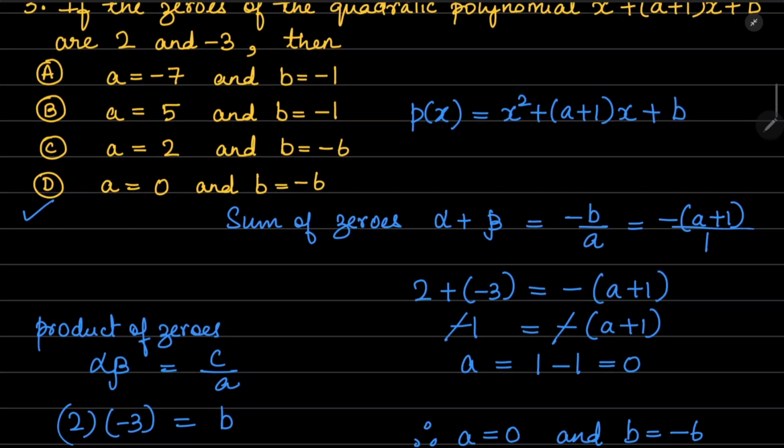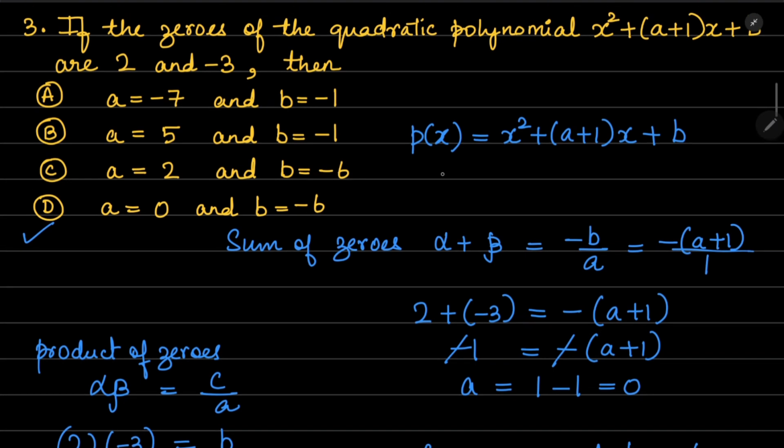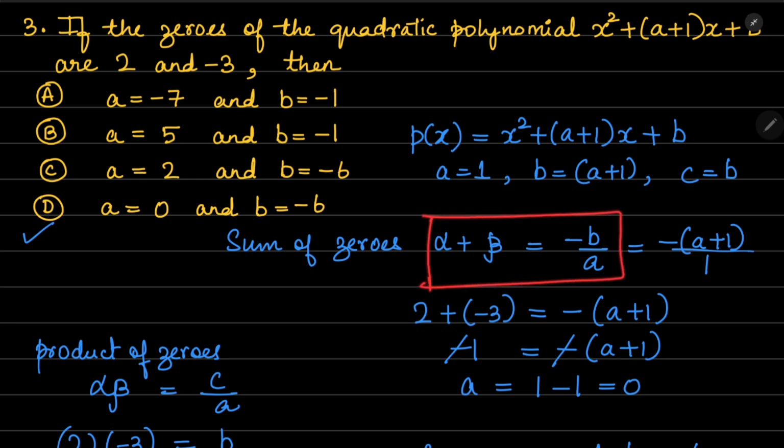Very easy. All you have to remember is, whenever you are given p of x, first you can pick up the coefficients. That is, a is 1 here, b is a plus 1, and c is b. Then use the formula: sum of the zeros, alpha plus beta, equal to minus b by a, and the product of the zeros, alpha beta, equal to c by a.